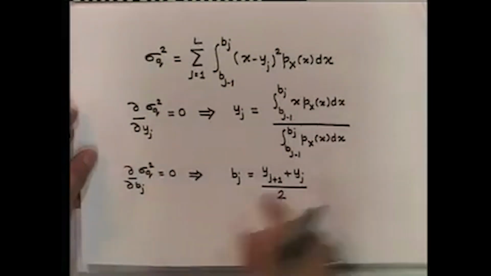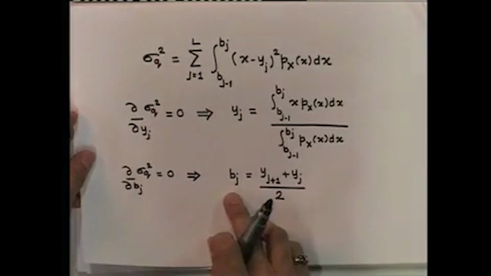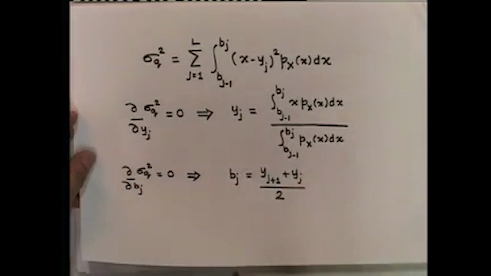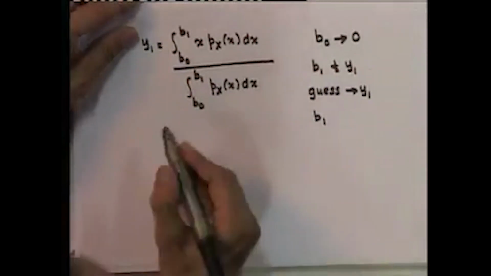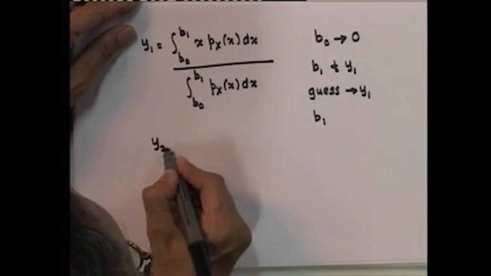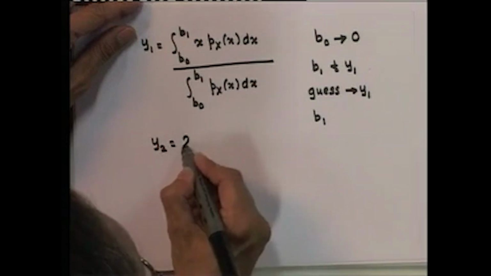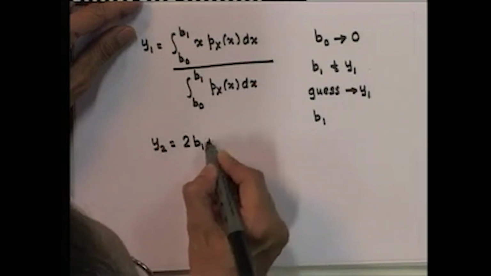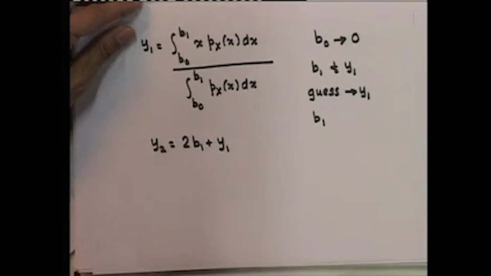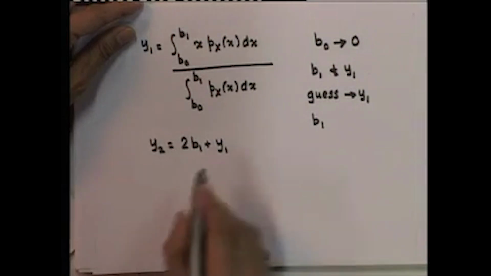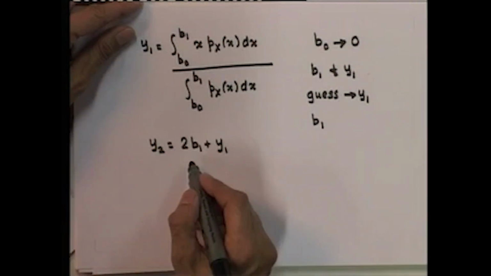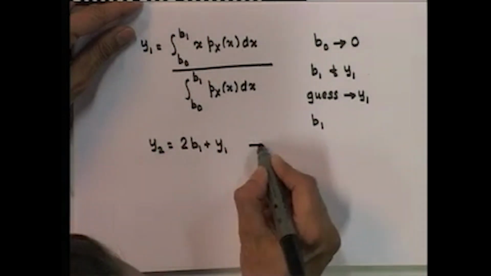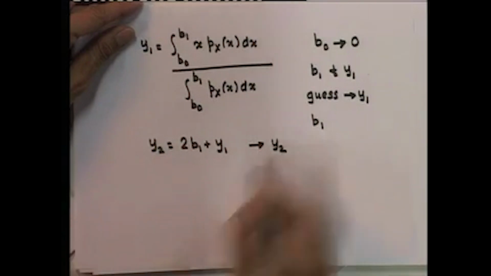Now, setting j equal to 1 in this equation and rearranging the terms slightly, we get y_2 equal to 2b_1 minus y_1. So, from this we can compute y_2.